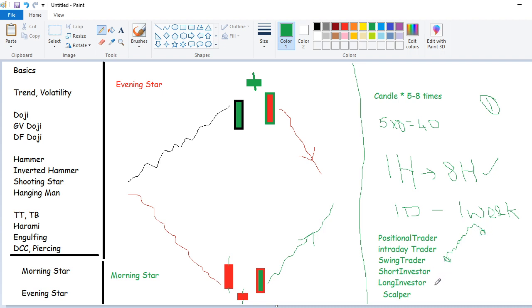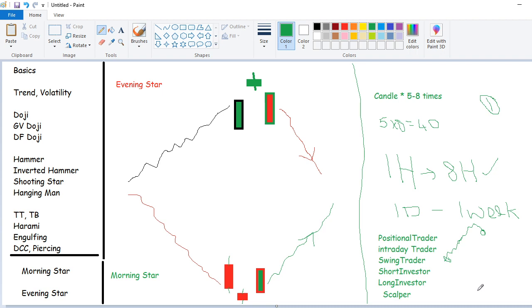This is swing trader. Short term investor, they may take a position for next 2 months, 3 months based on certain criteria. Like if a rainy season is coming, they may invest in fertilizers, they may invest in agriculture kind of stocks like seeds, Kaveri seeds, or UPL kind of thing.